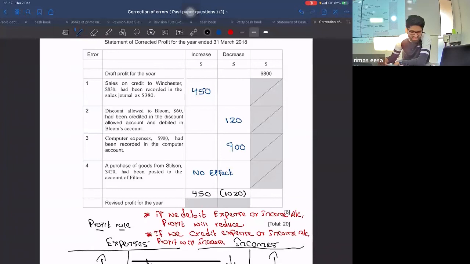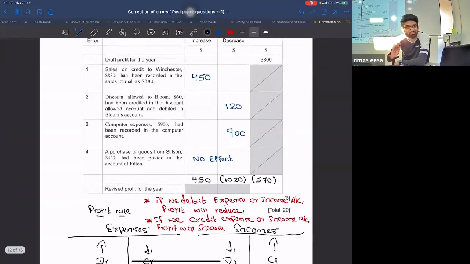Is 570 positive or negative? Negative. Negative meaning put it within brackets, because 450 minus 1020 is negative 570.